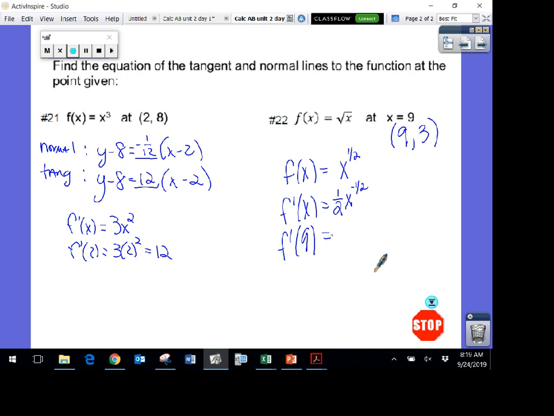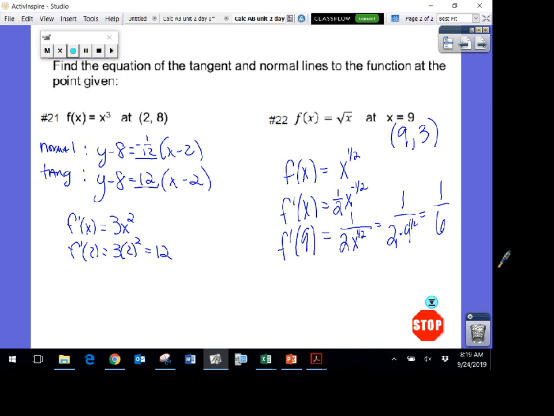If you want to make that look a little nicer, 1 over 2 times x to the 1/2. So 1 over 2 times 9 to the 1/2. Raising something to the 1/2 is the same as the square root. So 9 to the 1/2 is 3, times 2 is 6.